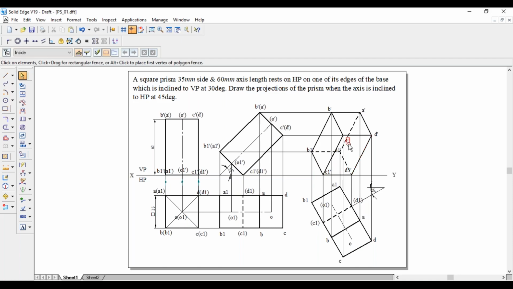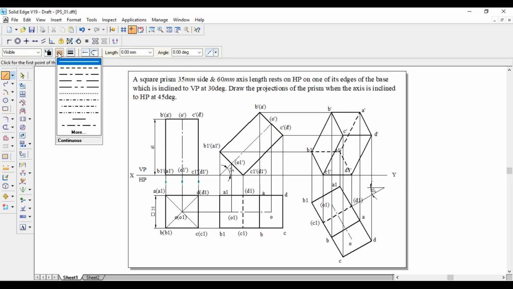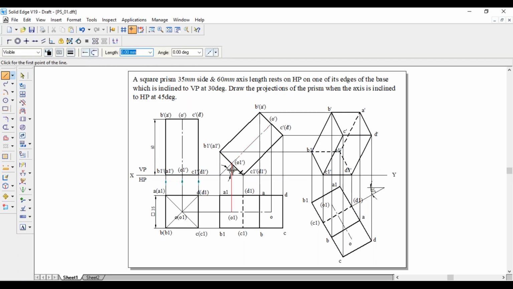Once we complete till this much, we have to show the axis also. For the axis, first project only the axis points. 1 dash, this one and O dash. Project from O in upward direction.